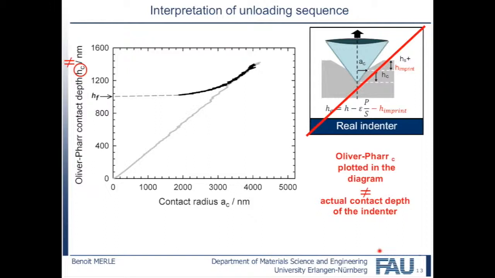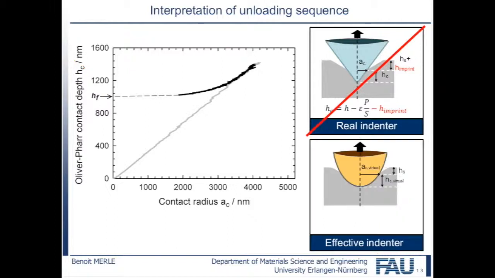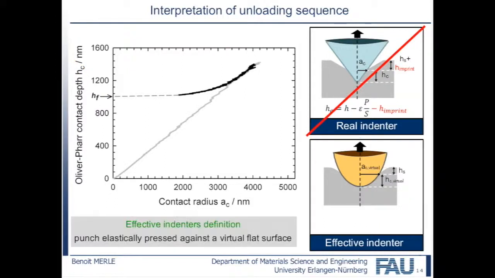But let's now try to remember the concept of the effective indenter. I told you in the introduction that the definition of the effective indenter was that it was a virtual punch, elastically pressed against a flat surface. This also means that the effective indenter is fully qualified for the application of the Oliver-Pharr equations, which means that the contact depth of the virtual effective indenter is obtained by the equation that we have plotted as the y-coordinate.